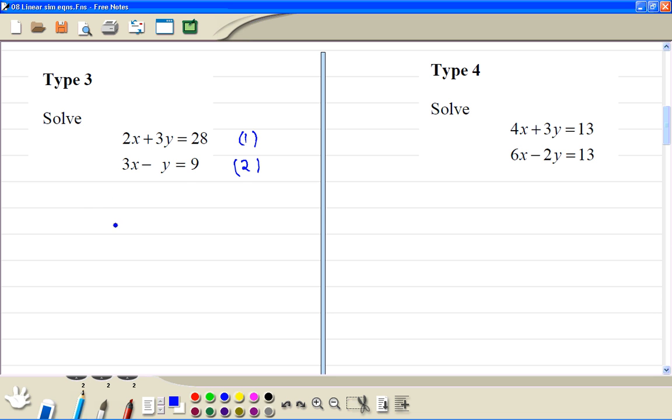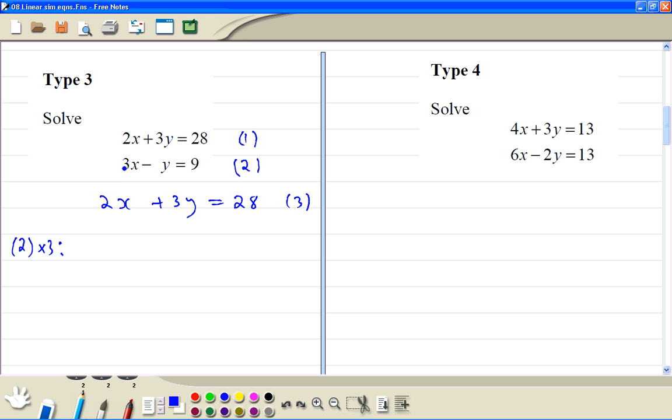So what we do, we just rewrite the equation 1. So 2x plus 3y equal to 28. We just call it equation 3. Then equation 2 we multiplied by 3.